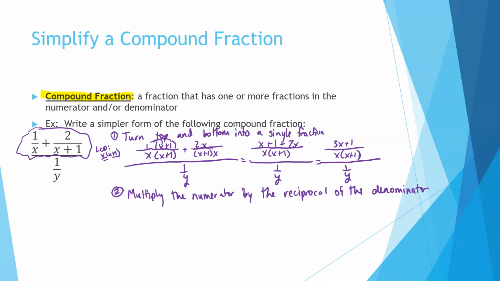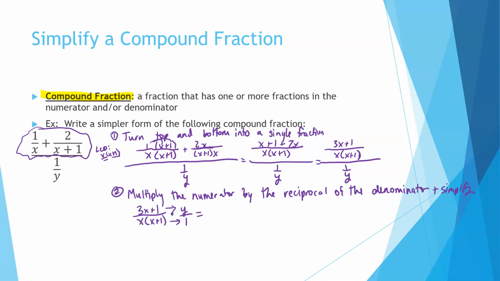Basically we're going to just multiply the fractions and then simplify. We're dividing two fractions, so in order to do that, we change it to multiplication. So I take the numerator, 3x plus 1, over x times x plus 1, and I multiply it by the reciprocal of 1 over y, which is y over 1.